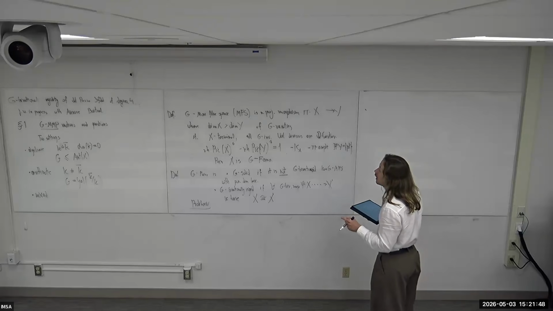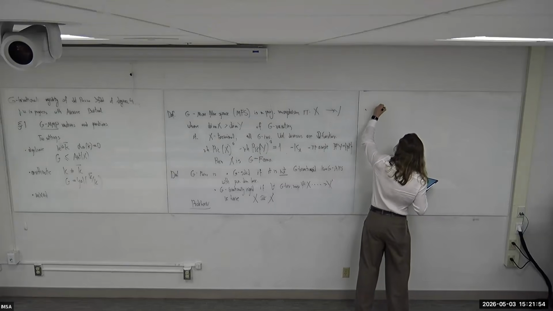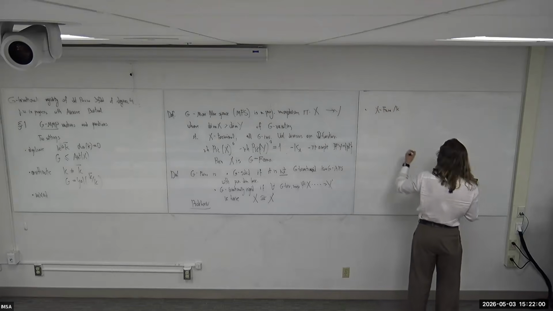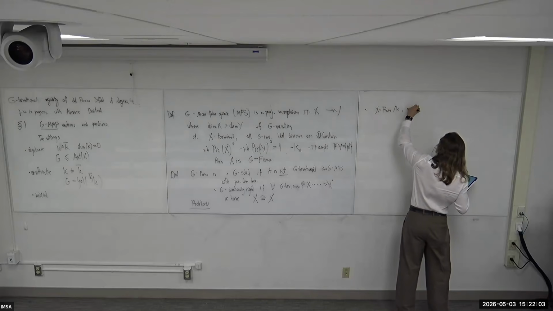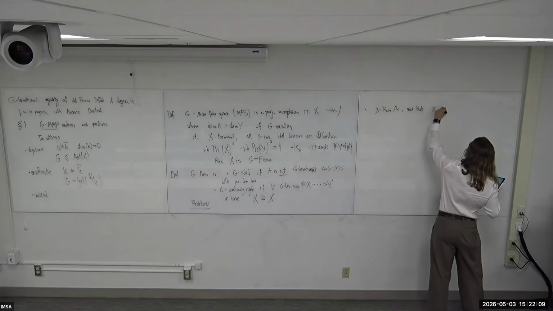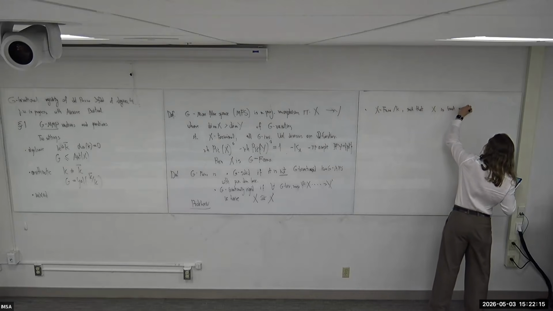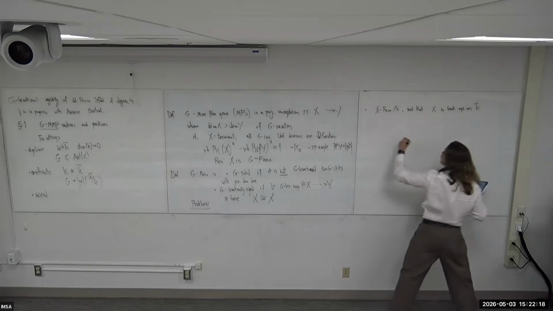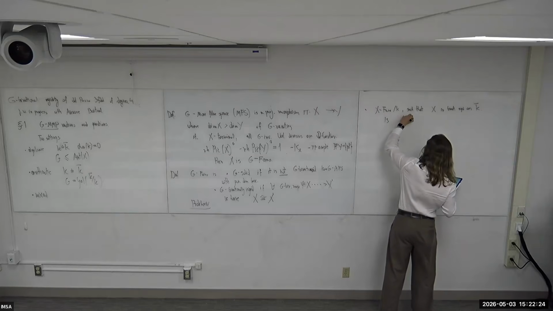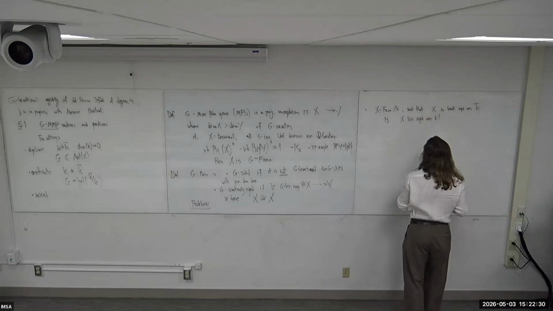Kollár asked a question in the arithmetic setting. If I have an X that is a Fano over K, which is not algebraically closed, such that X is birationally rigid over the algebraic closure, is X birationally rigid over K, over this field that we studied?